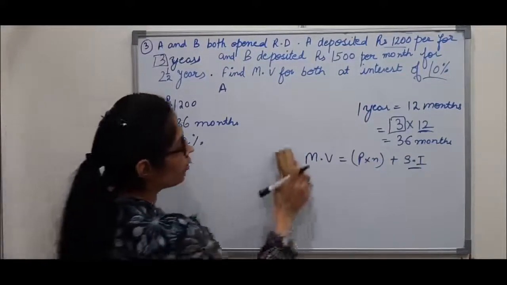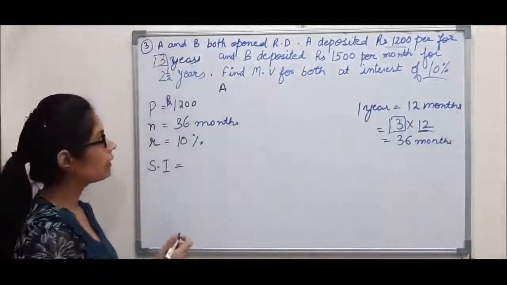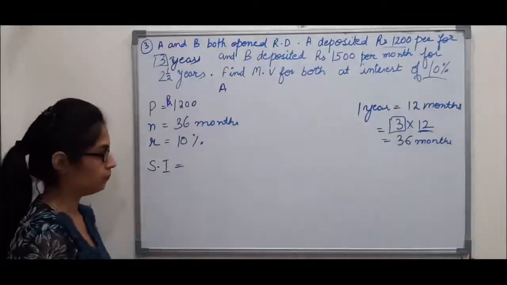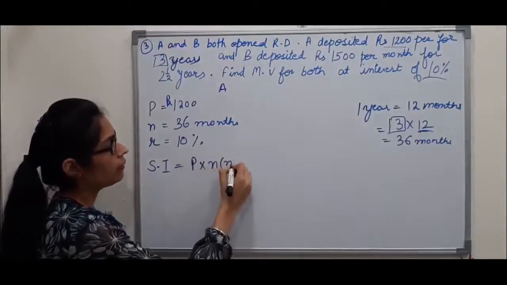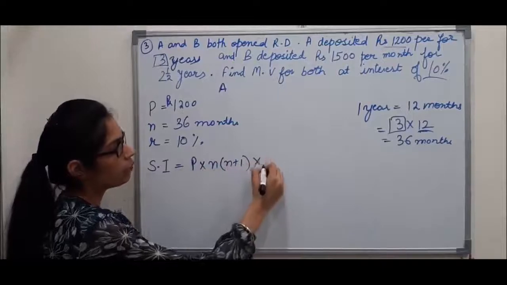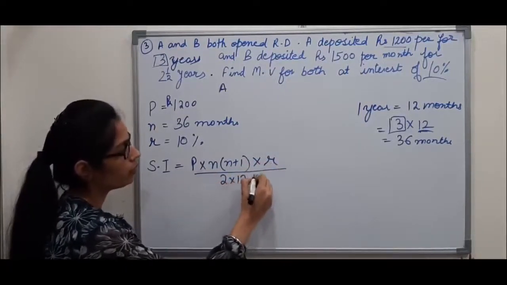And the formula of simple interest is, I hope you remember the formula by now, because we are doing the third sum. Formula is P into N into N plus 1 into R by 2 into 12 into 100.